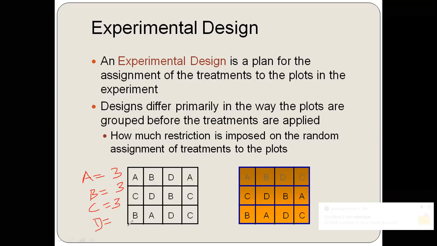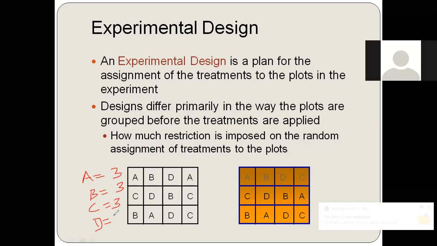D? 3 times. A appears 3 times, B 3 times, C 3 times, and D 3 times. Interesting. Now look at this example.